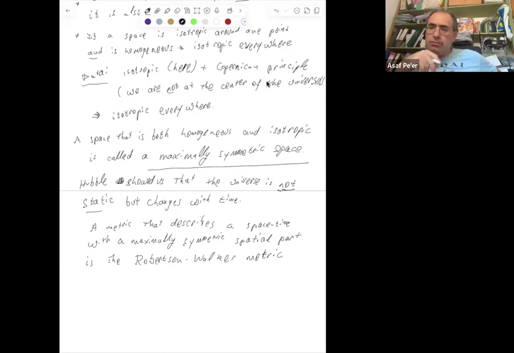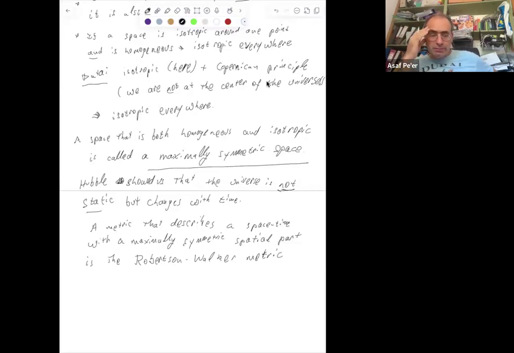Then we're going to use this metric in Einstein's equation. This time it's not going to be Einstein's equation in vacuum as we did for black holes, because the universe is not empty. There are things in the universe, obviously. So we'll have to introduce the stress-energy tensor, the right-hand side of Einstein's equation, which of course will be derived in a simple way. What simplifies it is the assumption of homogeneity and isotropy.